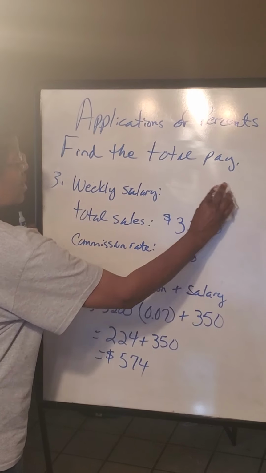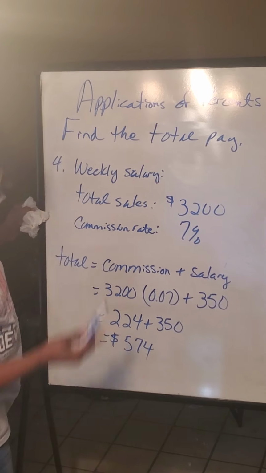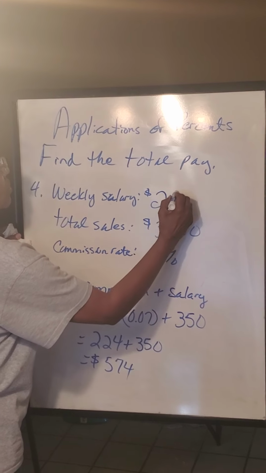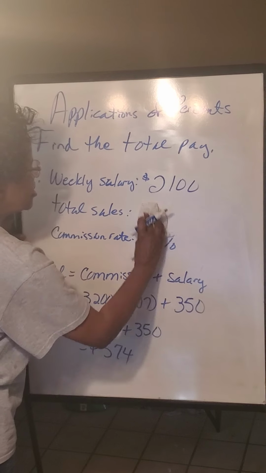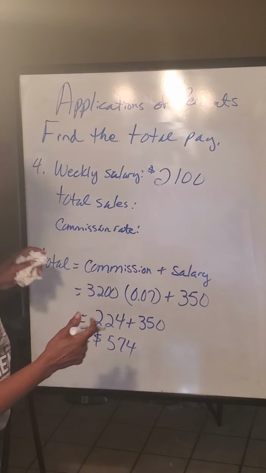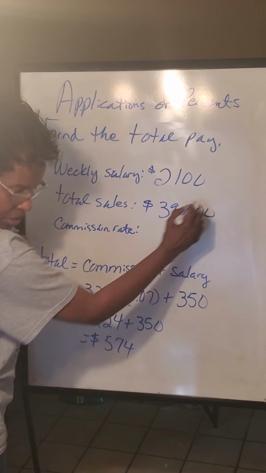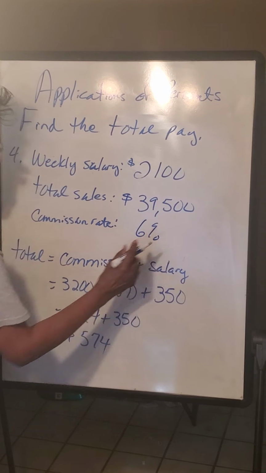So let's say our weekly salary, this will be example 4, is $2,100. My total sales for the week are $39,500, and my commission rate is 6%.